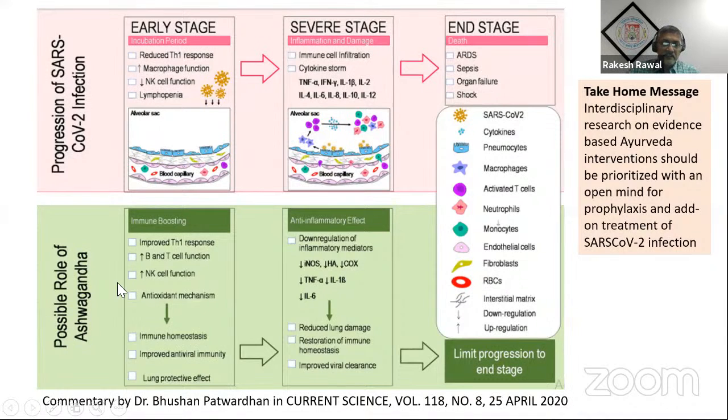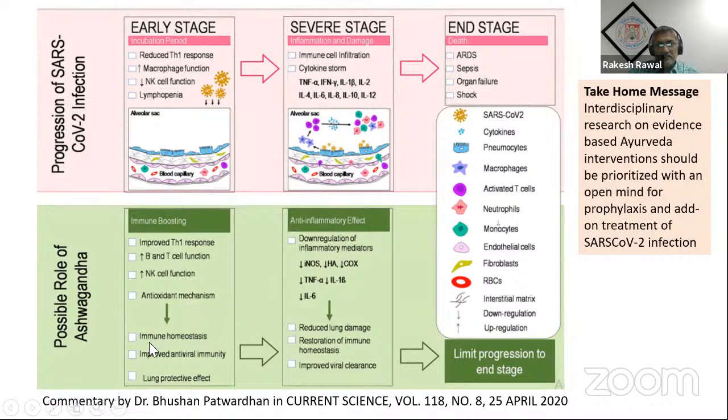So where the possible role of ashwagandha is, the supplementation of this will improve Th1 response and increase B and T cell function, increased natural killer cell function. And because of its antioxidant mechanism, it leads to immune homeostasis, and it improves antiviral immunity as well as protects our lung.